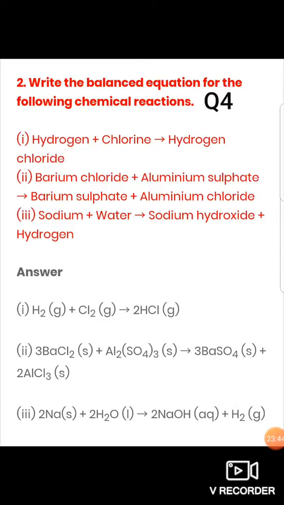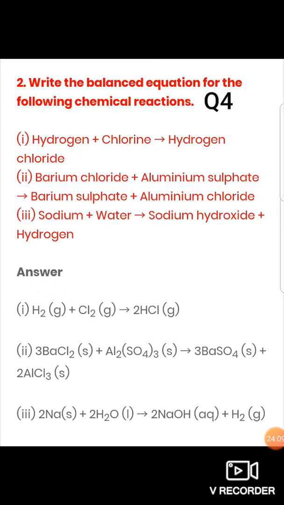Write the balanced equation for the following chemical reactions. Hydrogen plus chlorine gives hydrogen chloride. So H2 plus Cl2 gives 2HCl. Barium chloride plus aluminium sulfate gives barium sulfate plus aluminium chloride.